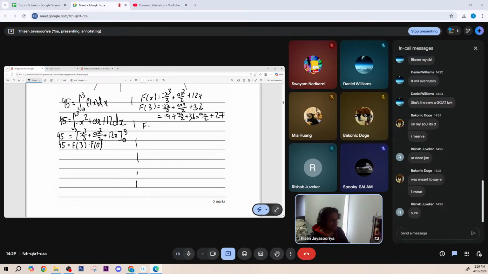And then F of 0 is just 0, because if we put 0 in for all of these, we get 0. So we get 45 equals 9a over 2 plus 27 take 0. So then we're just left with 9a over 2 plus 27 equals 45.